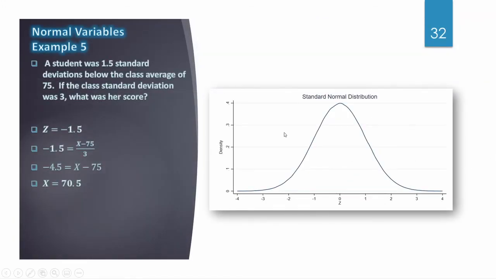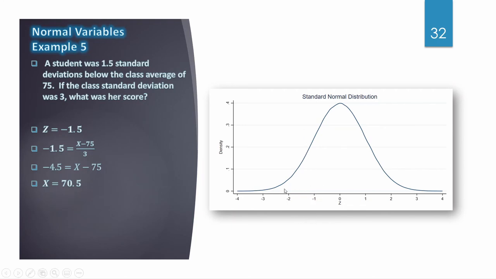One last problem here is we can use the z-score formula to rearrange and solve for unknown values of the underlying distribution. So imagine we had a student that was 1.5 standard deviations below the class average of 75%. The class standard deviation was 3%. What was the individual's test score? Well, we're just going to work our way backwards. We don't know the test score, but we know that they were 1.5 standard deviations below average, or their z-score is minus 1.5.